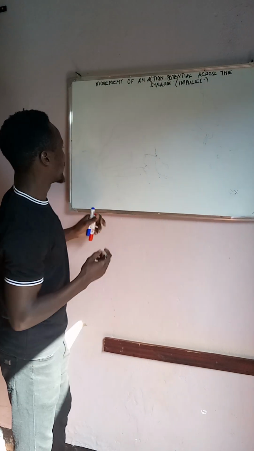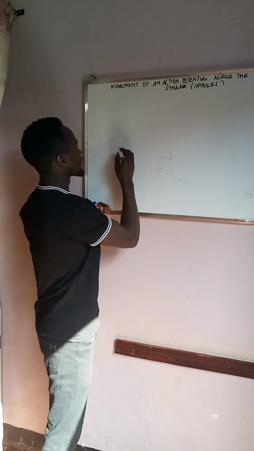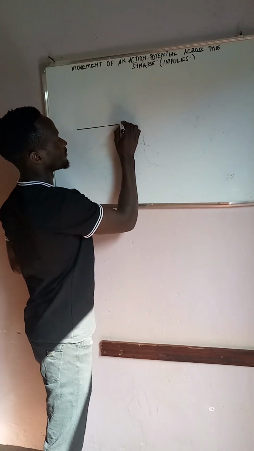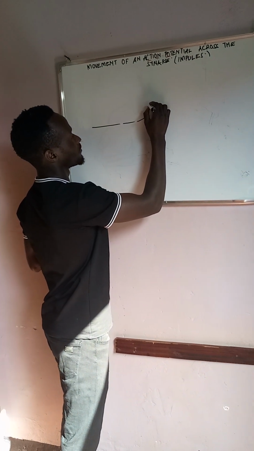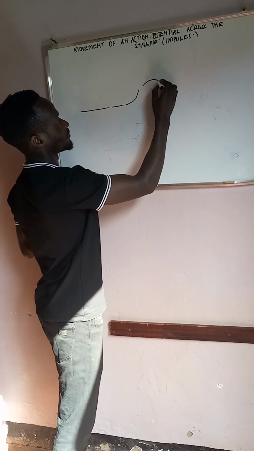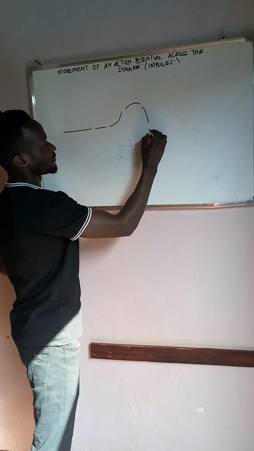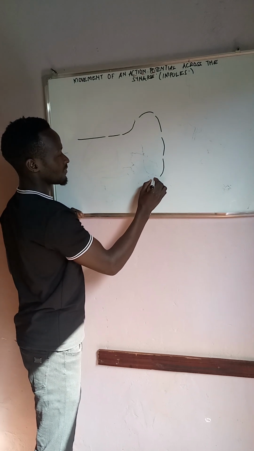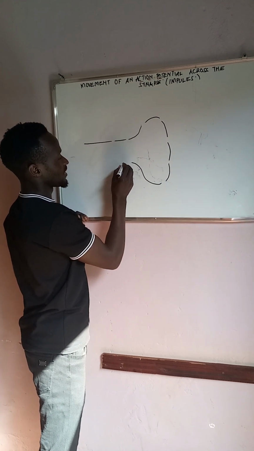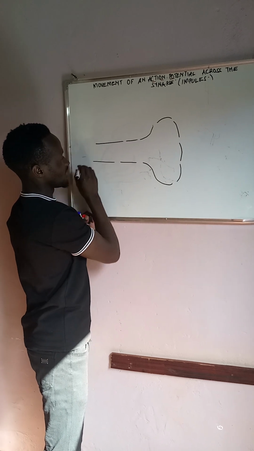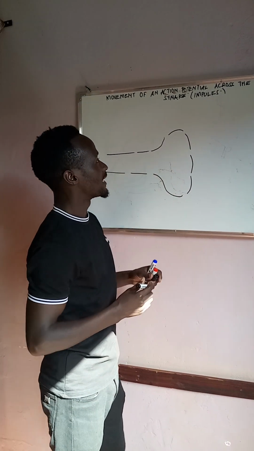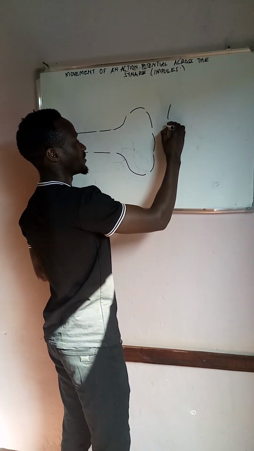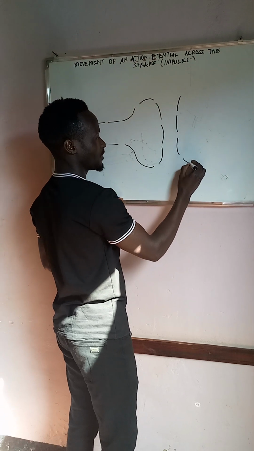We are going to start by drawing our knobs. This is our presynaptic knob. So here we are going to draw our postsynaptic knob.